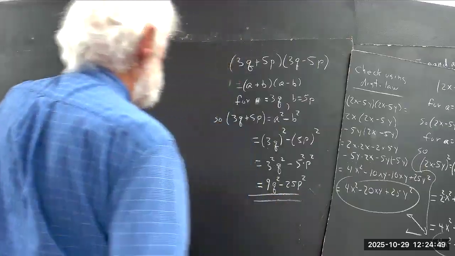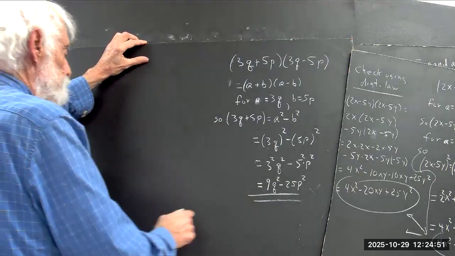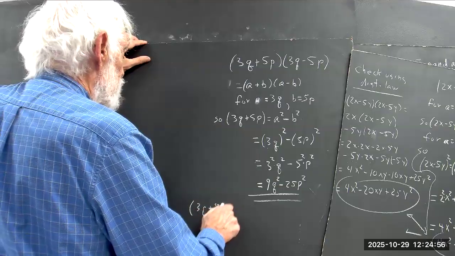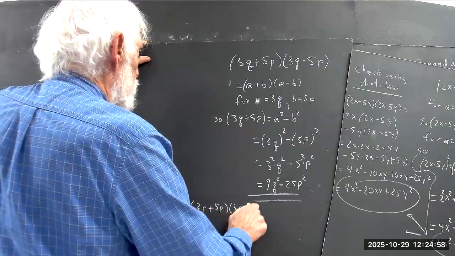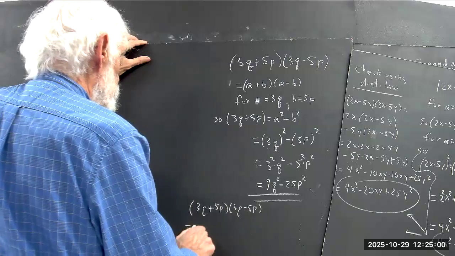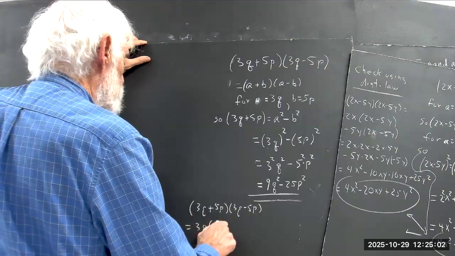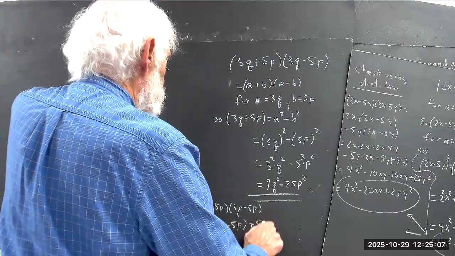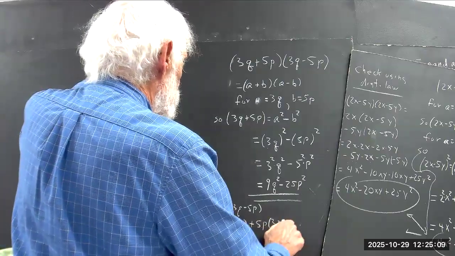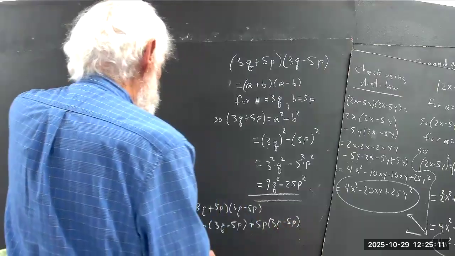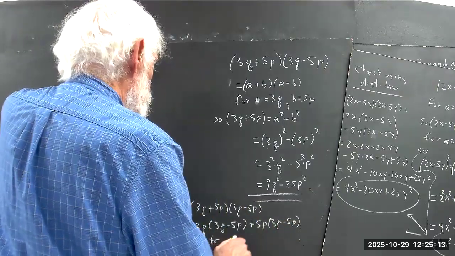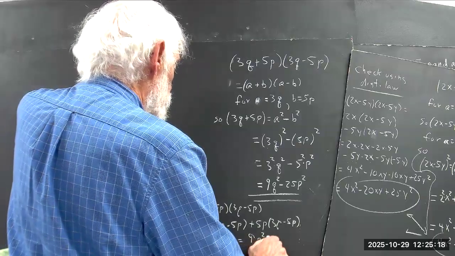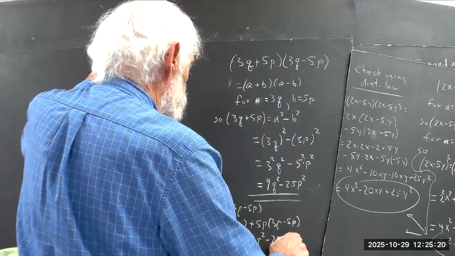Now this could be verified. You could do 3Q plus 5P times 3Q minus 5P equals 3Q times 3Q minus 5P plus 5P times 3Q minus 5P, etc. And that should come out 9Q squared minus 25P squared.